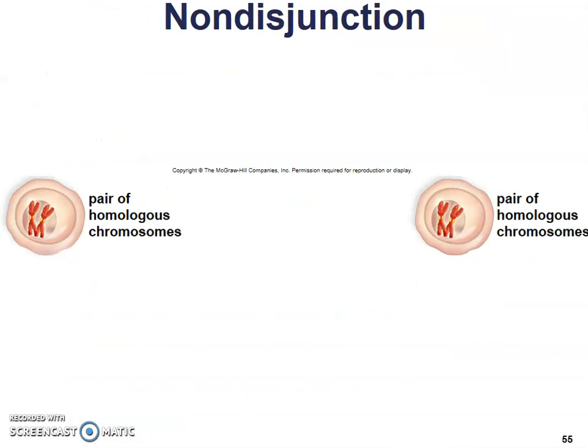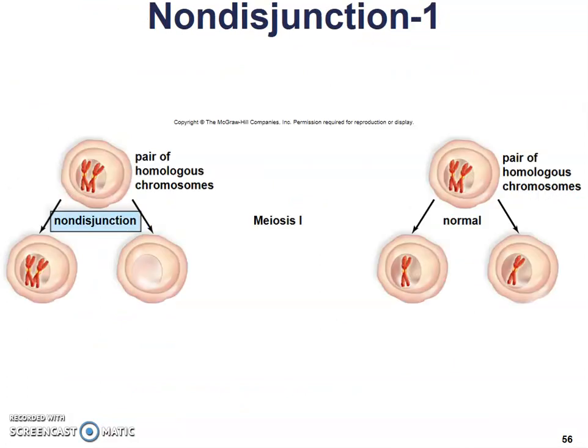So here we have a pair of homologous chromosomes. In non-disjunction, the chromosomes do not separate correctly. So here we have 2 chromosomes where we should have 1 and no chromosomes where we should have 1. In normal meiosis, we get 1 in each.